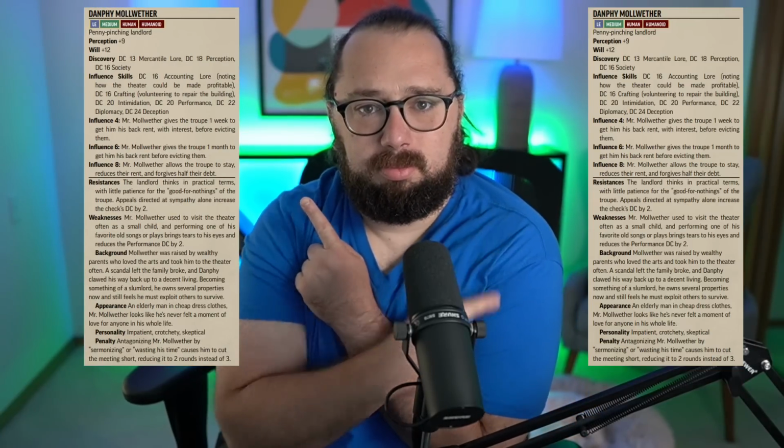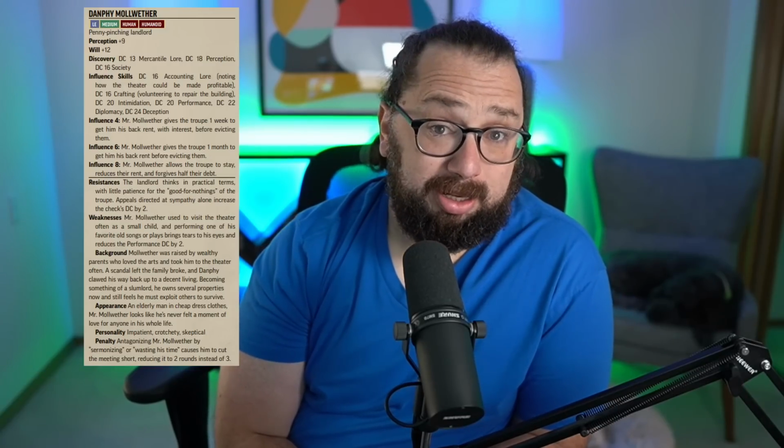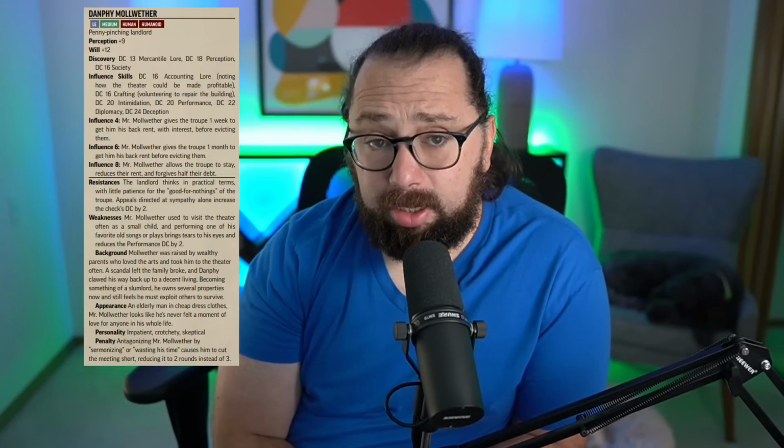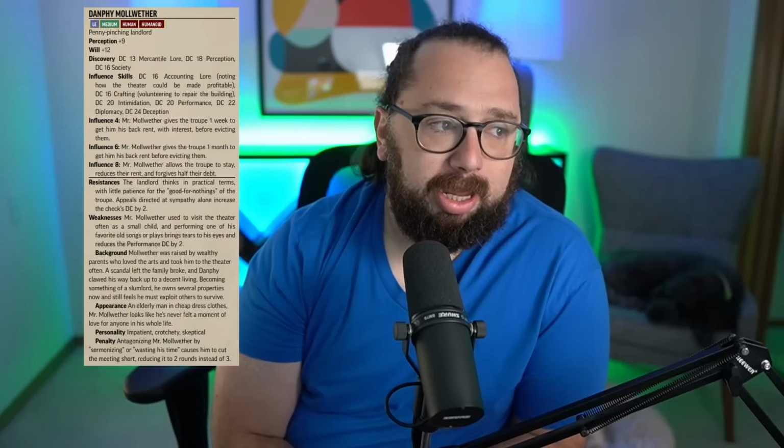So basically, you would create an influence NPC stat block. So for any NPC that is going to be at this negotiation, you're going to create it. I'm going to put up an example right here. So this is the example given in the Pathfinder 2nd edition Game Mastery Guide, where we are looking at Daphne Moleweather.